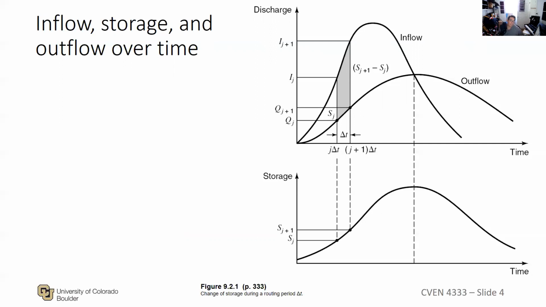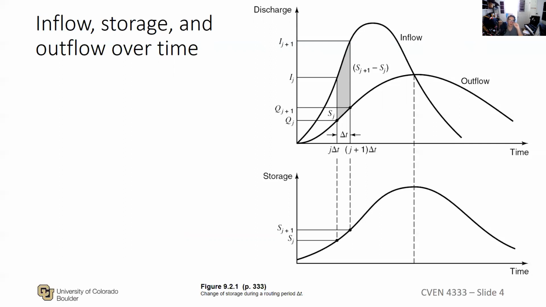And the reason for that is because either the reservoir or the river, you can use the level pool approach for both, whatever is going on in between those two places is actually storing water. And so we know that the change in storage with respect to time is equal to the inflow rate minus the outflow rate.